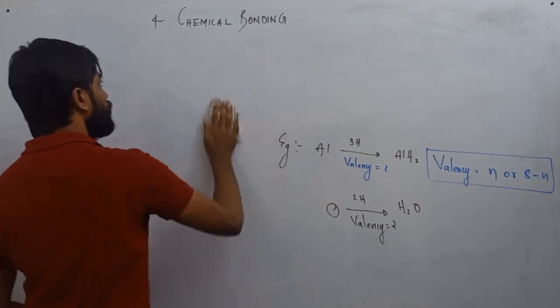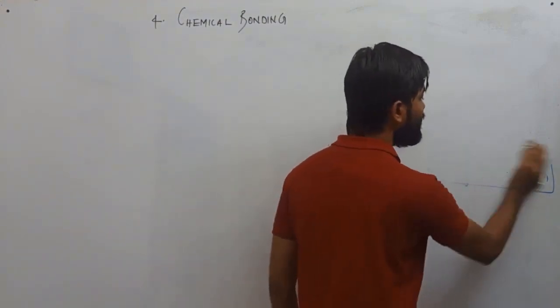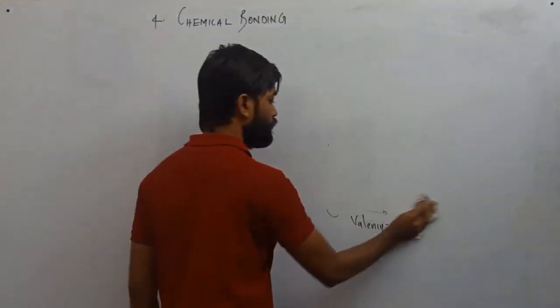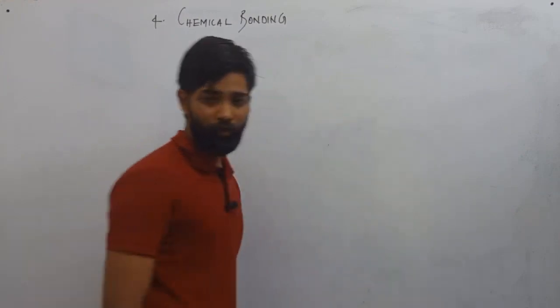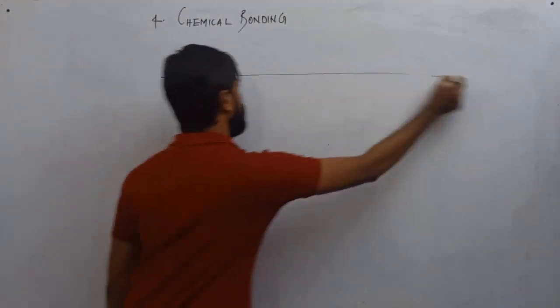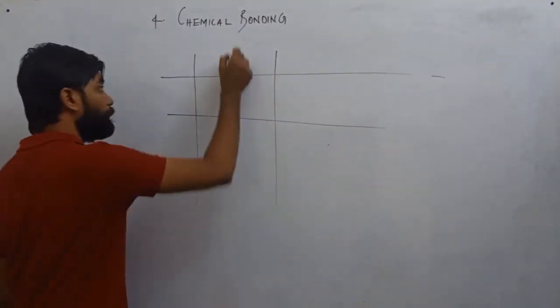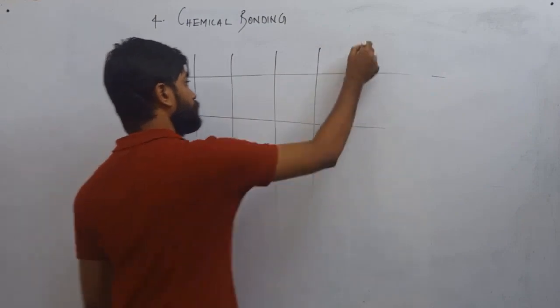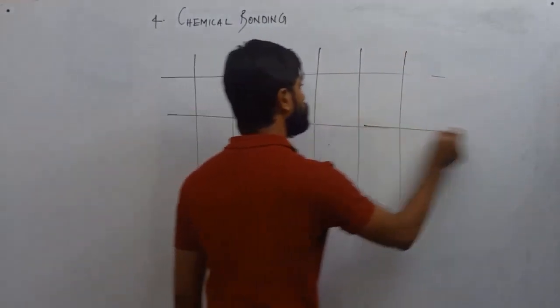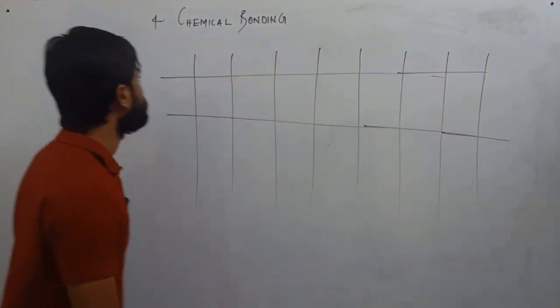So now let me create a table, and that is very important, for the valency and valence electron of some group elements. Okay, that's very important. Fine. So let me create a table.